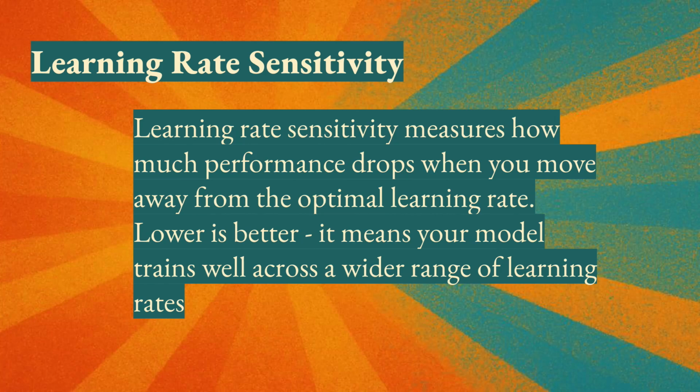So learning rate sensitivity basically measures how much your performance drops when you move away from the optimal learning rate. Lower learning rate sensitivity is better. It means that your model trains well across a wider range of learning rates, so you don't have to find the perfect learning rate to achieve the lowest eval loss. You have some flexibility in terms of picking a learning rate.